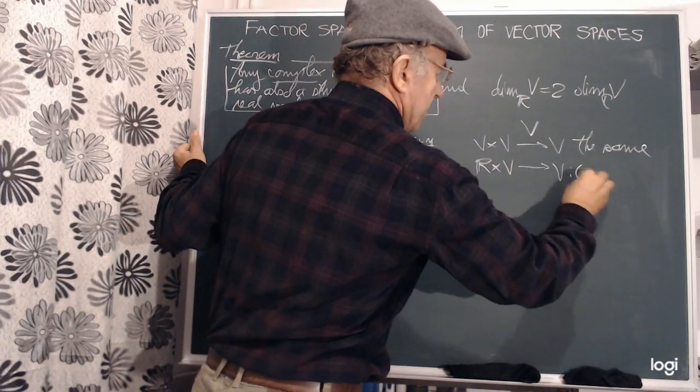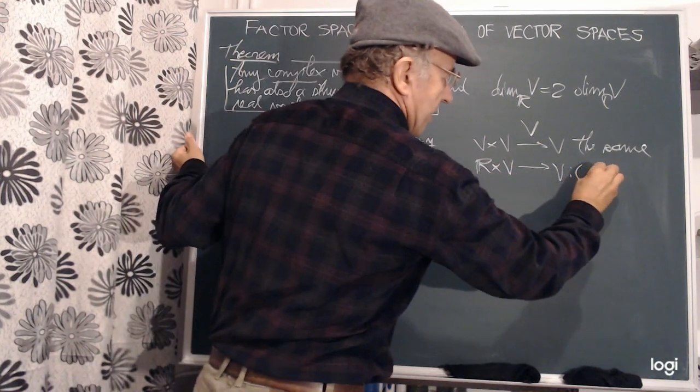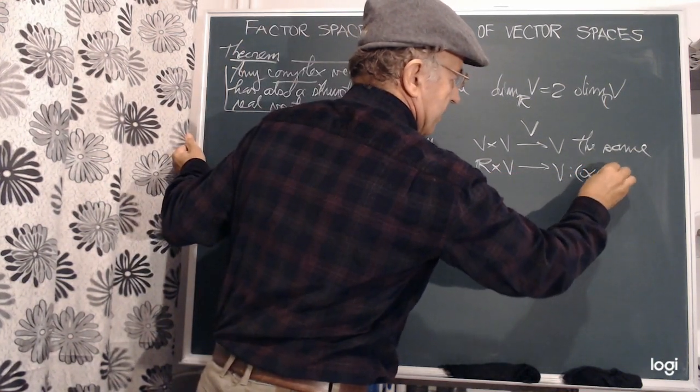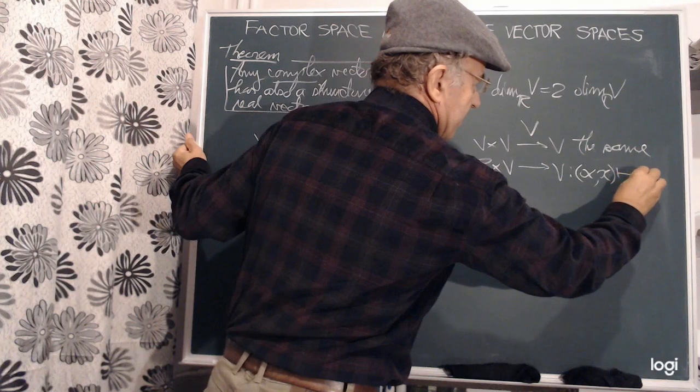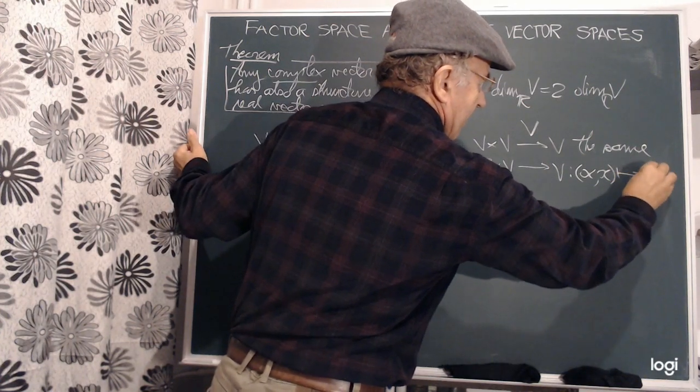Here, a real number alpha and the vector X, multiplication alpha X.